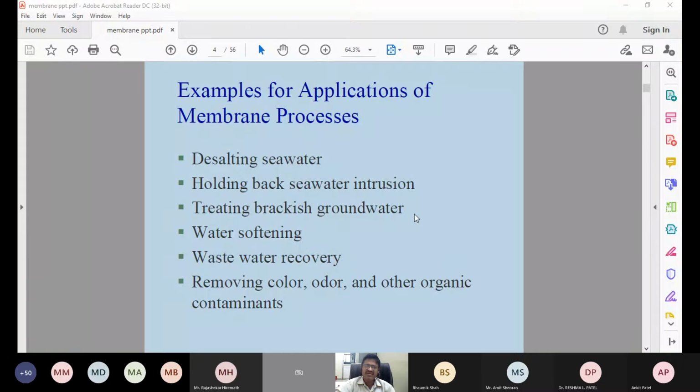If it is less than 300 around, or less than 400 also, there is no need to go for these RO systems, which are somewhat costlier in operating and in purchasing also. We do not need reverse osmosis type systems if our dissolved solids content is less.